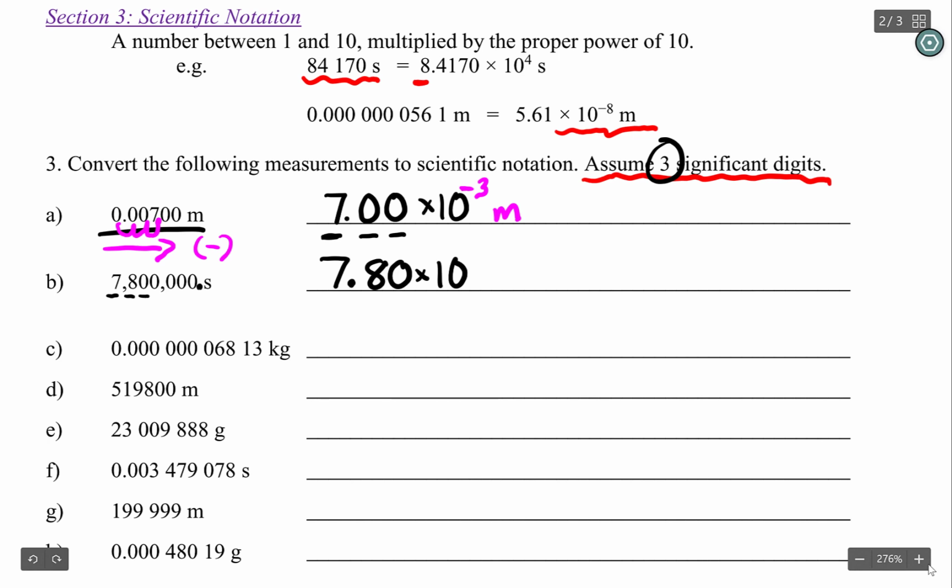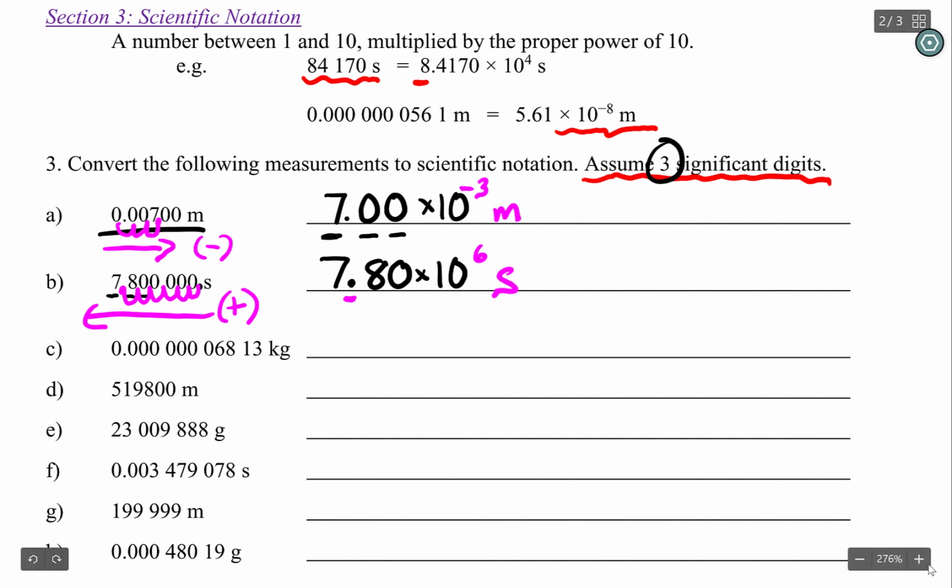I then move the decimal to the left 1, 2, 3, 4, 5, 6 spots in order to get the decimal in this spot. Now, because I moved to the left, this is a positive power. So this is 7.80 times 10 to the power of positive 6 seconds.